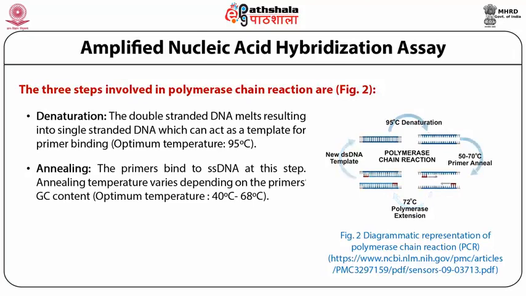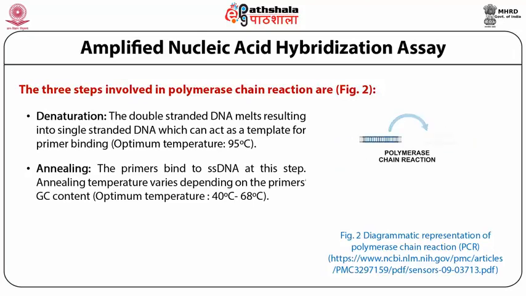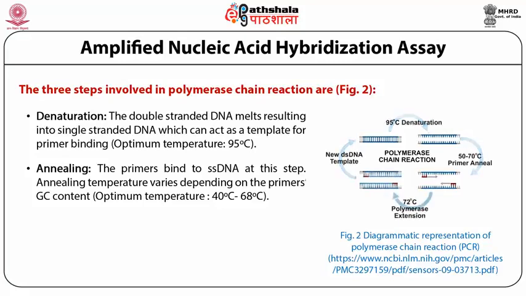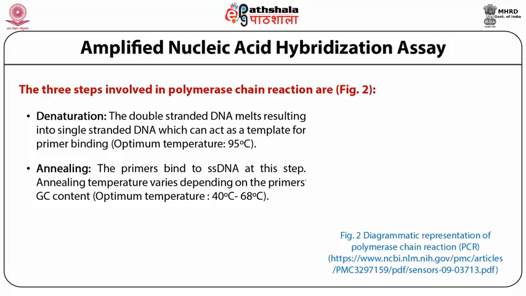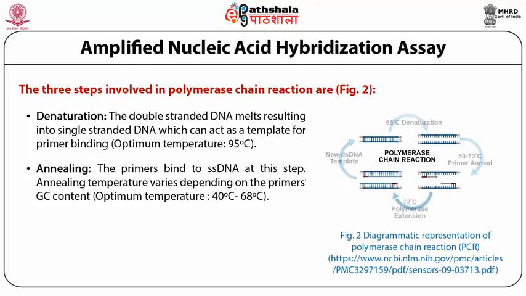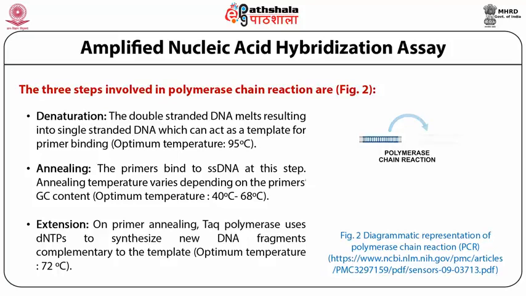Annealing: in this step, the primers bind to the single-stranded DNA. The annealing temperature varies depending upon the primer's GC content. Generally, after denaturation, annealing is performed at 40 to 68 degrees Celsius depending upon the annealing temperature of the primers. Following this, extension is carried out.